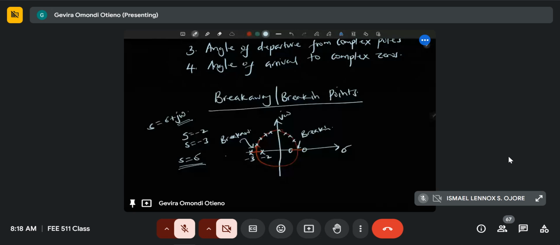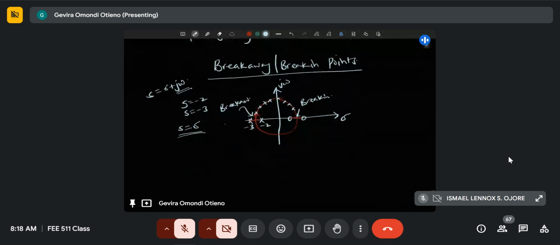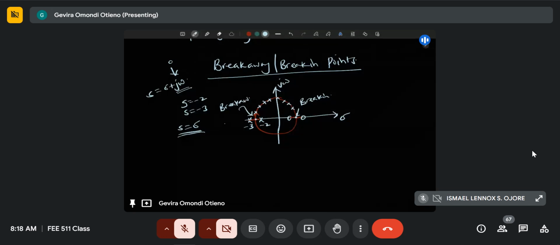Okay? So how can we determine these two points, the breakaway and break-in points? What we have to remember is that on the real axis, our S is basically sigma, because the j omega, the imaginary part, is 0. There are about 3 ways in which we can determine the breakaway and break-in points, and you can choose whichever method you want.